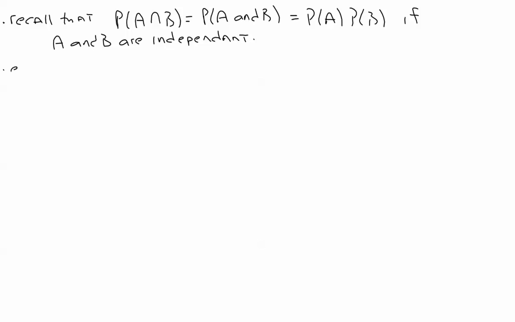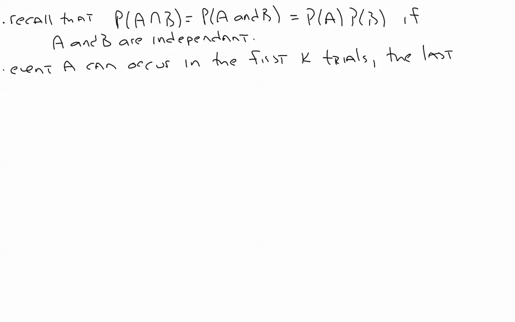event A can occur in the first K trials, the last K trials, or anywhere in between.